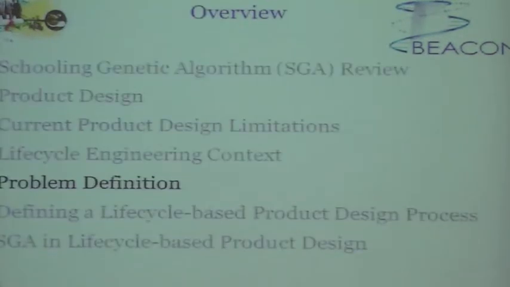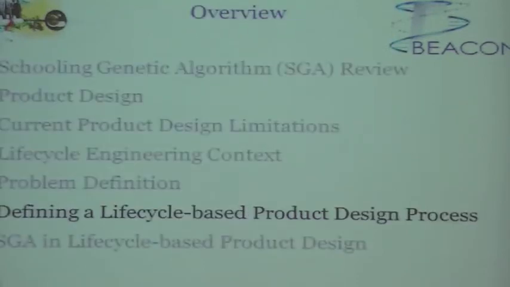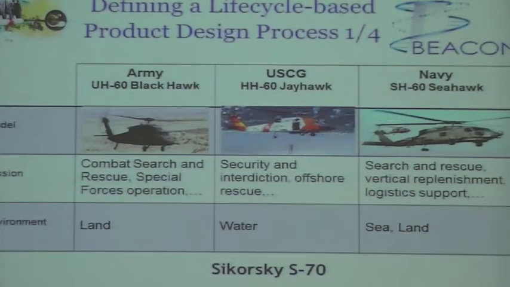And with this, I was able to define the actual problem that allowed me to connect product design with the schooling engineering algorithm, which is: what analytical tool can be used that allows the incorporation of those features, evolvability, grouping, and sustainability, into a characteristic of a product. And in order to do that, I had to define a life cycle-based product design process. So how did we do that? How did we get there?